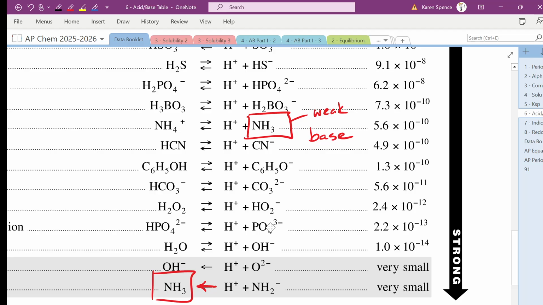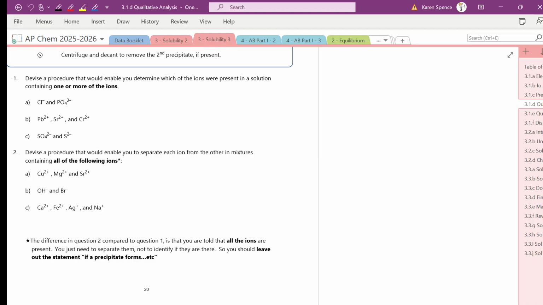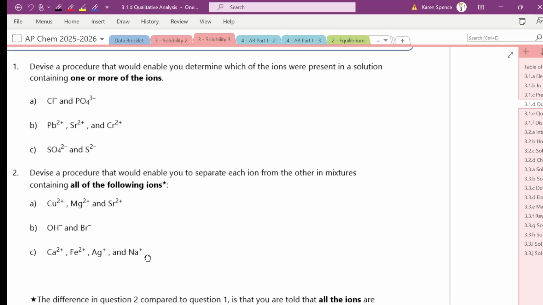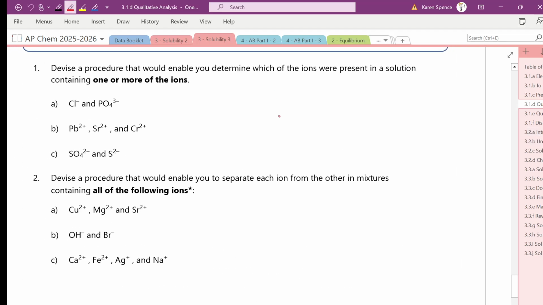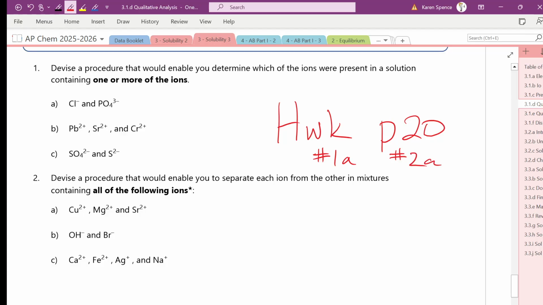Okay. So we now are on solubility, and we had just finished qualitative analysis last day. So I'm going to give you for homework page 20, number 1A and number 2A, because I presume some of you probably still want to be reviewing for your test on Wednesday.